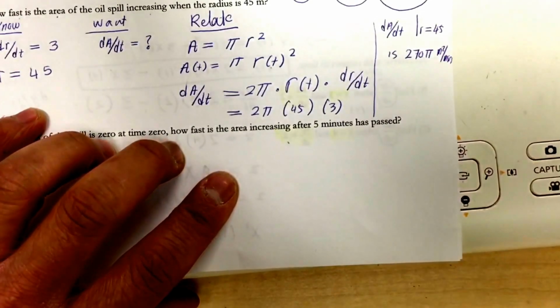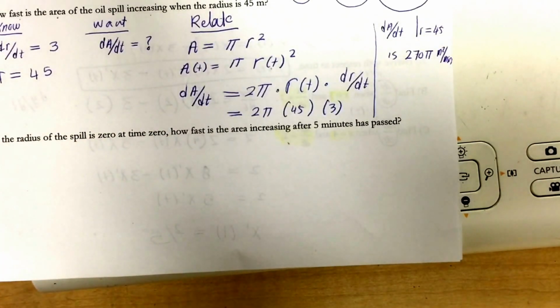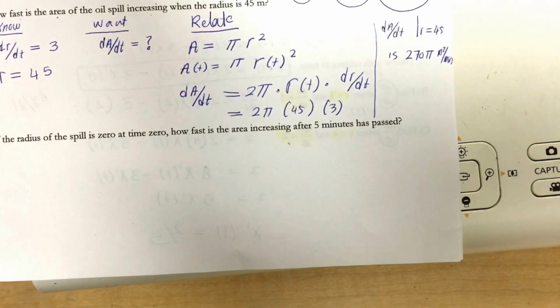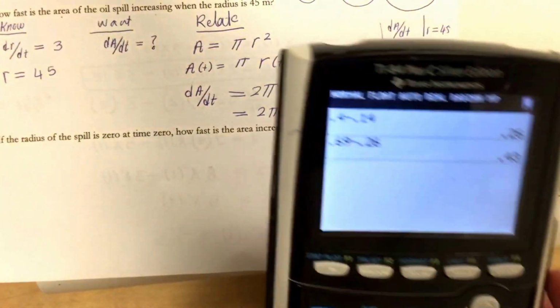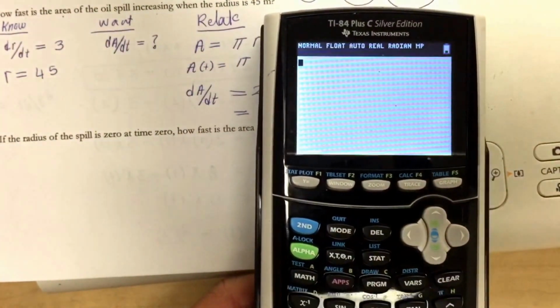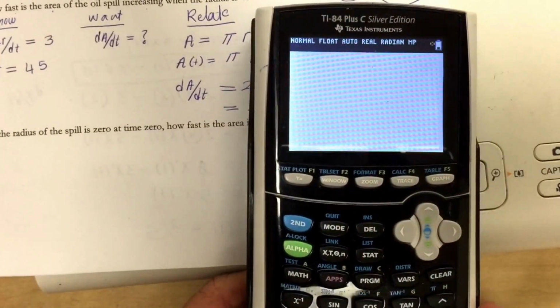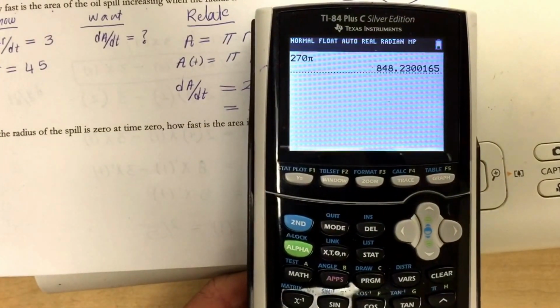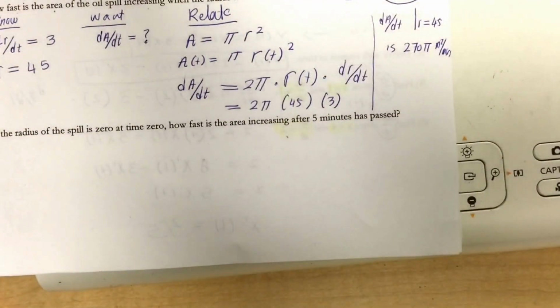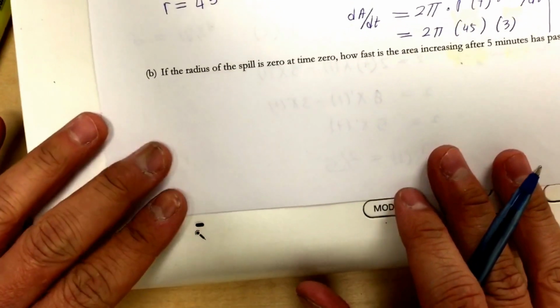So exactly when the radius is 45 meters, every minute the area is expanding by 270 pi. 270 pi is about 848. A pretty big amount. Okay. All right.